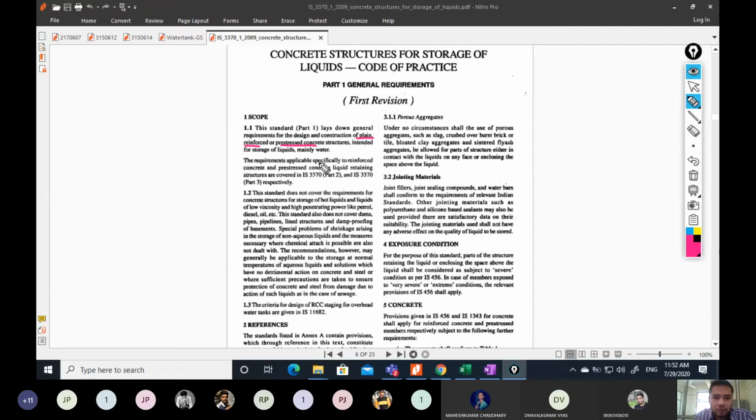The requirements applicable specifically to reinforced concrete and pre-stressed concrete liquid retaining structures are covered in 3370 Part 2 and Part 3 respectively.